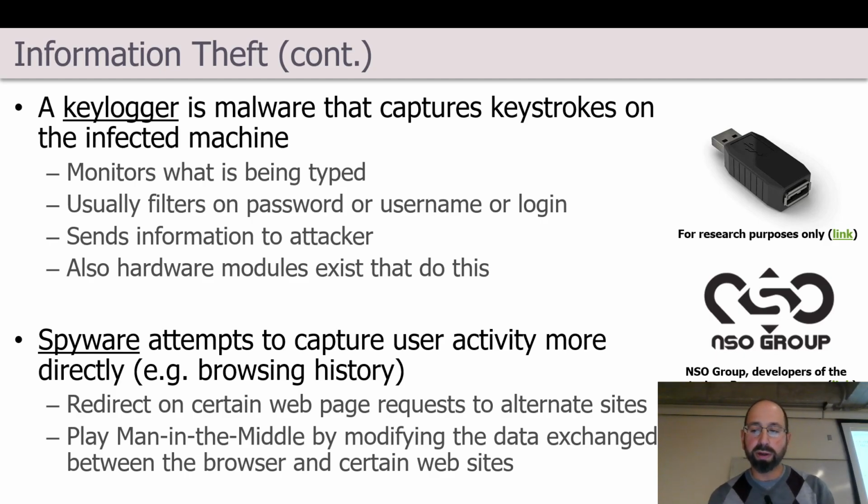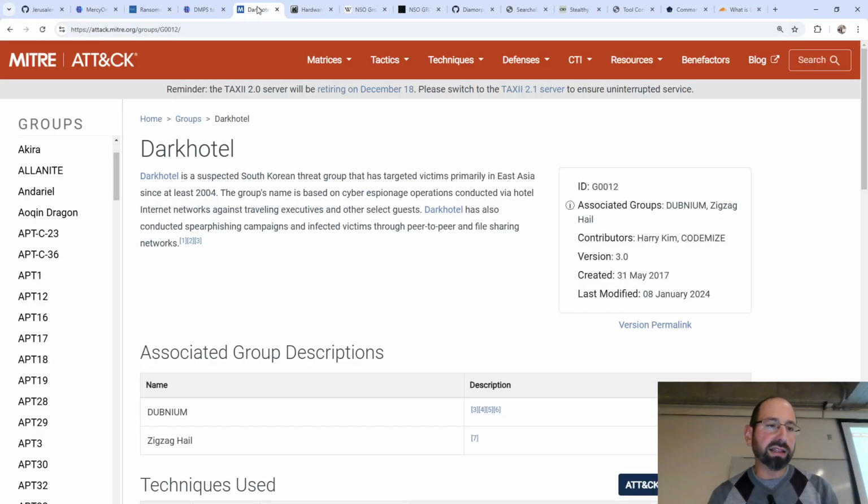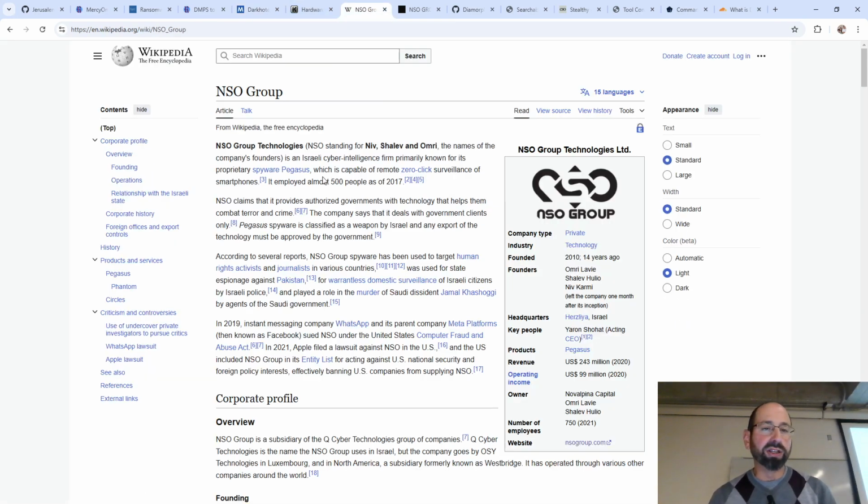The NSO group is pretty notorious for the development of the Pegasus spyware. I was looking for them on this list, the Pegasus group. They're not considered a malicious, private, or state acting group. I guess it really depends on one's perspective. They're referred to in Wikipedia as an Israeli cyber intelligence firm, primarily known for the proprietary spyware Pegasus.